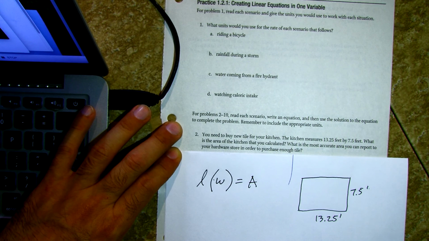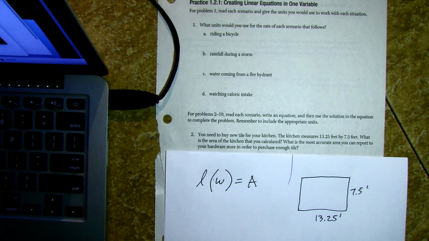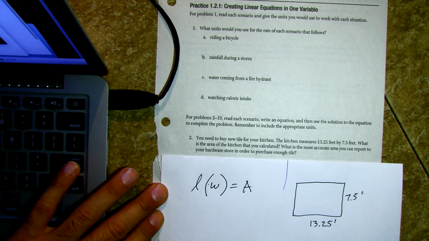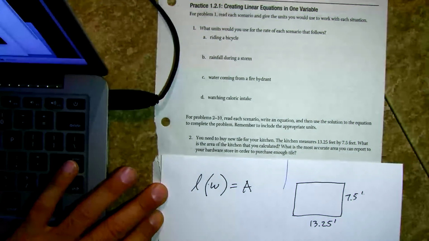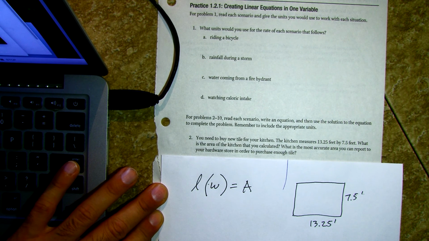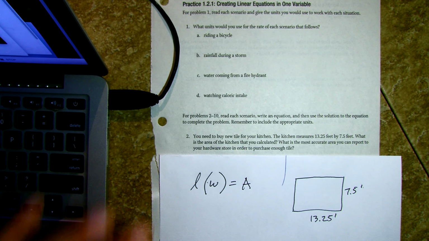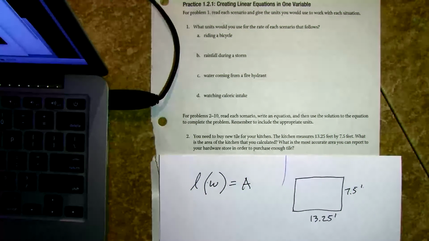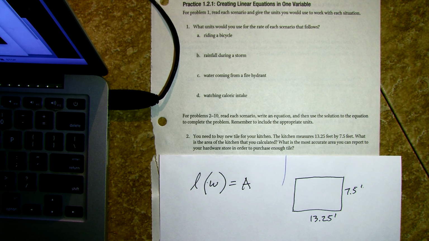I'm looking at this and thinking this is way too straightforward. Let me see what they have in mind, because I just can't imagine that this is all they want us to do. Really? That's all you need? Okay, so we have our equation for this. Length and width won't matter because we multiply two things together.